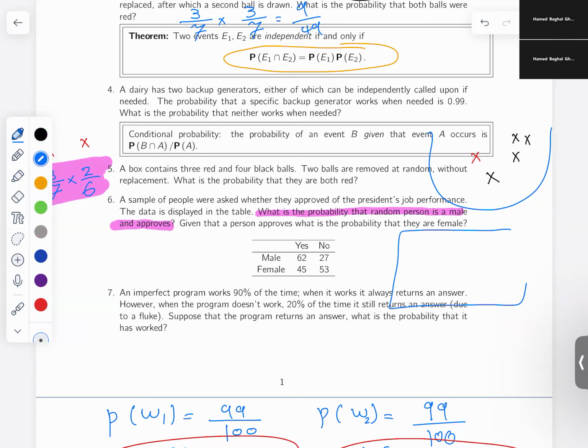Right. So let's do this. Male, approve. Not approve.